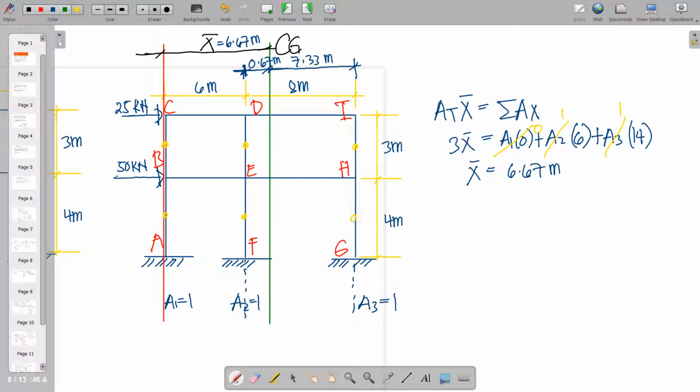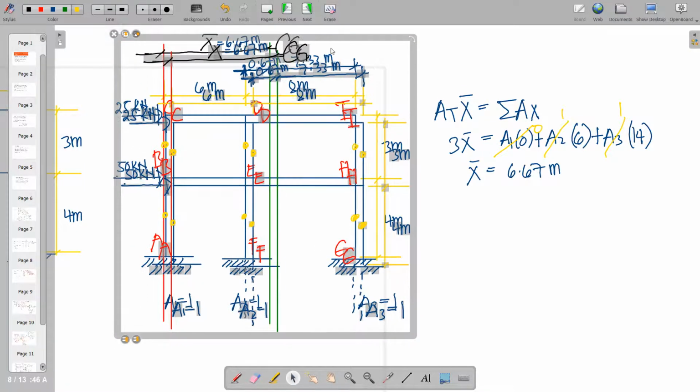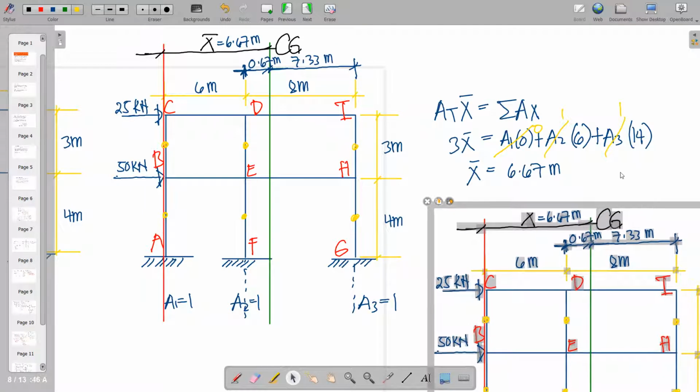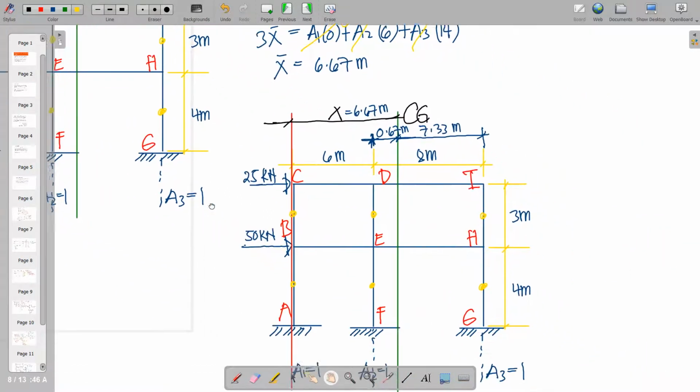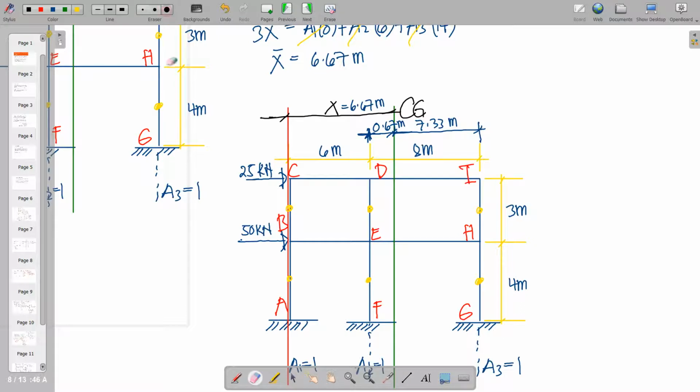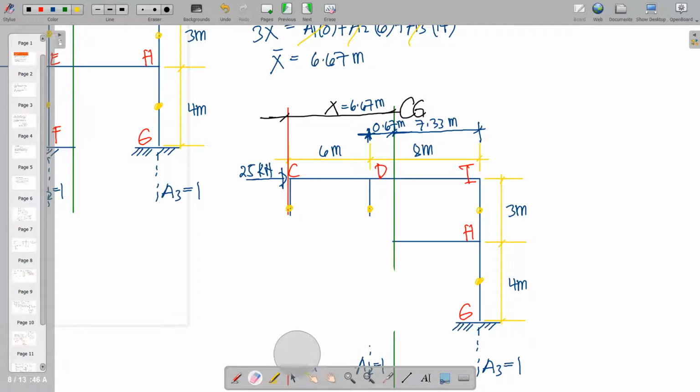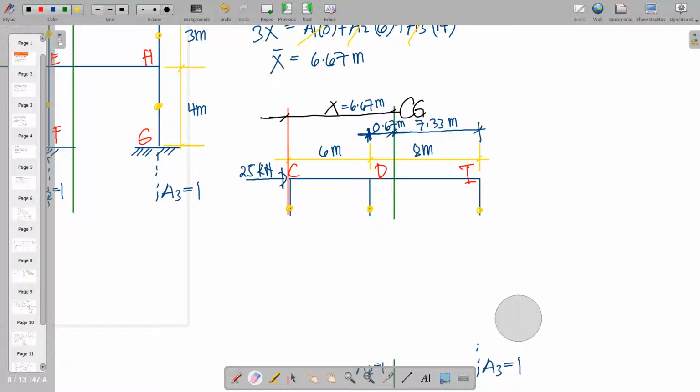Again, we consider here the points of inflection for the beam. First, we are going to consider the upper portion. So I'll just copy this structure and delete the lower portion, because we're going to consider the upper portion first.